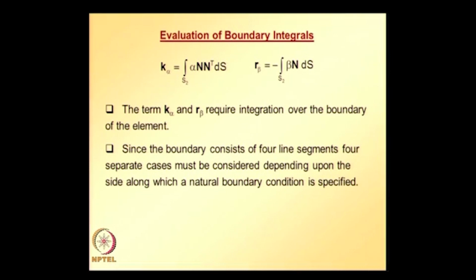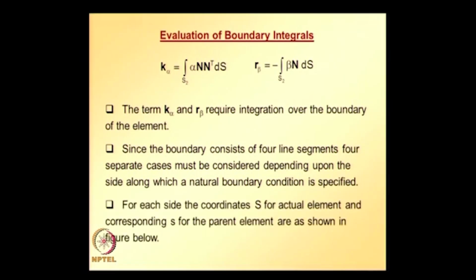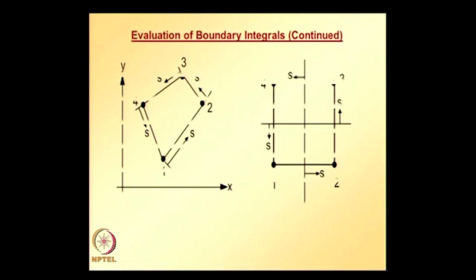For each side, the coordinates S for the actual element and the corresponding coordinates s for the parent element are shown. The coordinate for the actual element along each side is denoted with capital S, and for the parent element it is denoted by small s, as shown in the figure here.